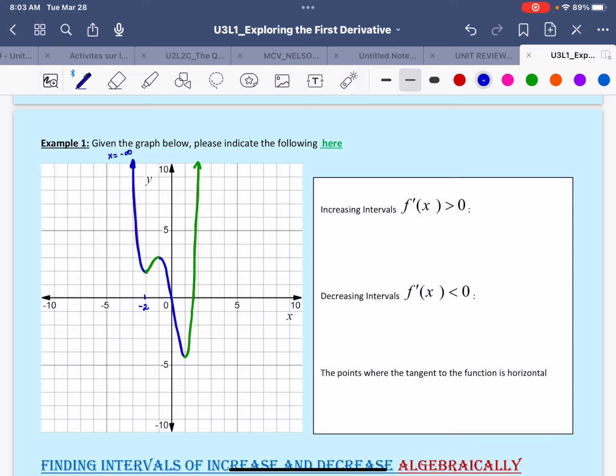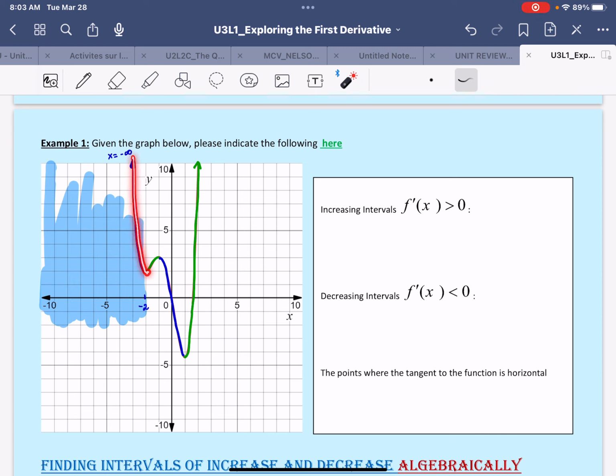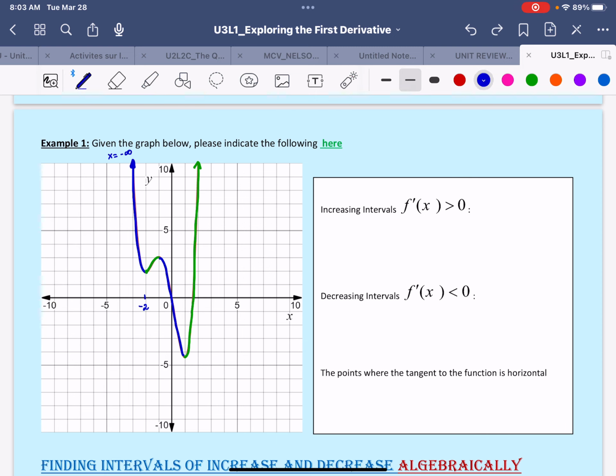So we are going to say that for the x values from negative infinity up to x equals negative 2, the graph of this function will be decreasing. So I will try to highlight this a little bit more gently here. So this will be a decreasing interval, starting from negative infinity, ending at negative 2.